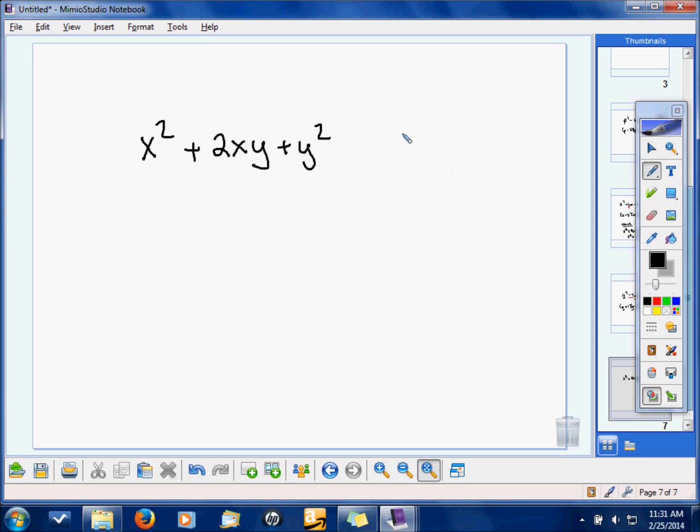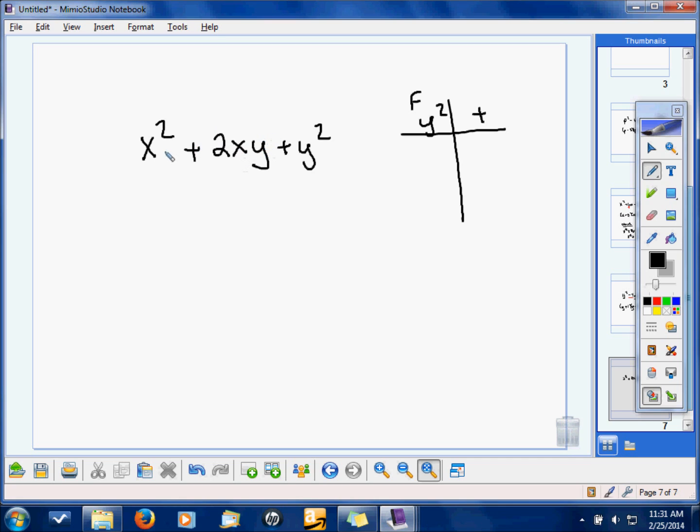So we can still do this the same way, but we're looking for factors of y squared, and we're going to try and add them. It's a little harder to see because you have this extra x here. So we're really looking for our sum to be 2y.